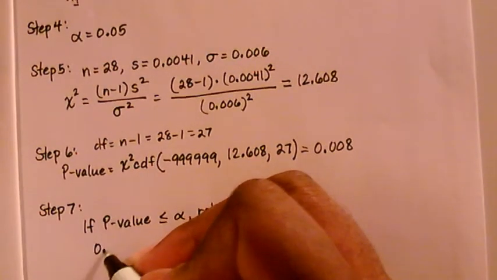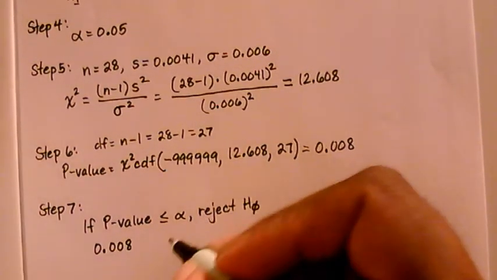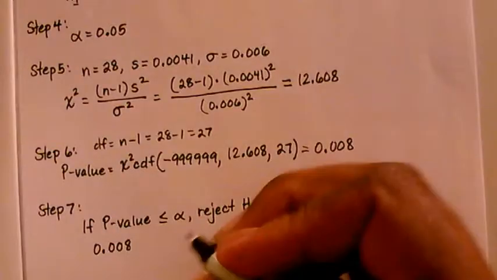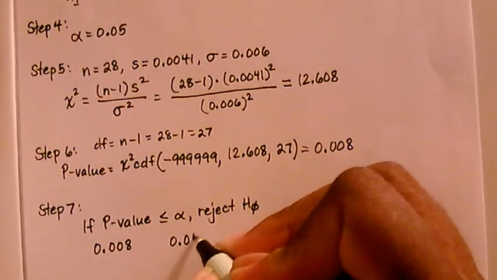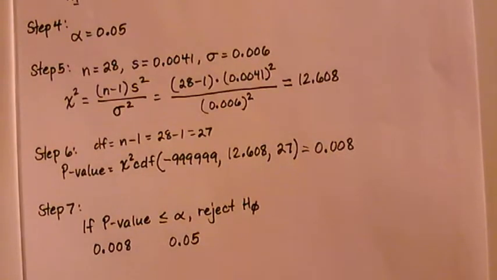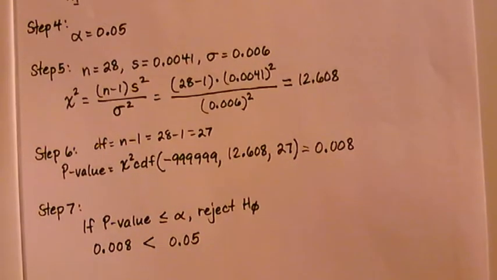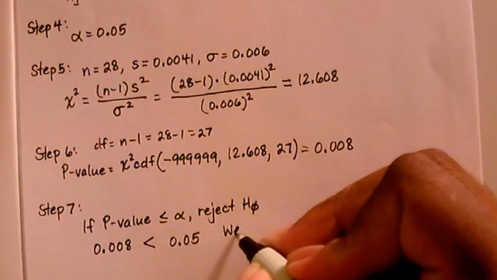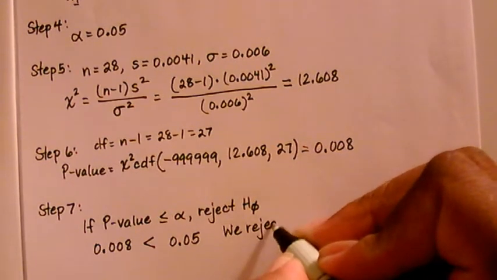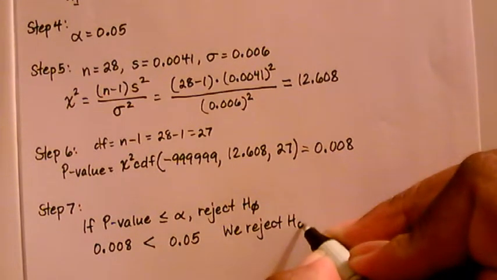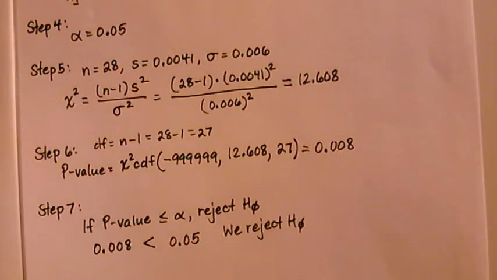My p-value is 0.008. My alpha level from step number 4 was 0.05. If you compare those two, you can see that 0.008 is less than 0.05, and that does satisfy our decision rule, so we simply reject the null hypothesis.